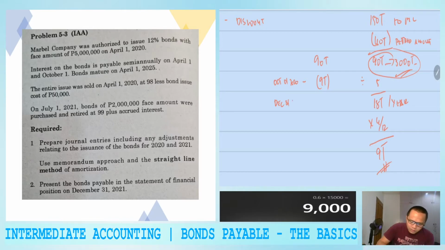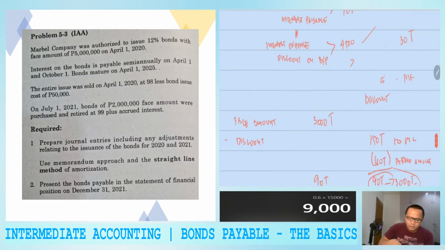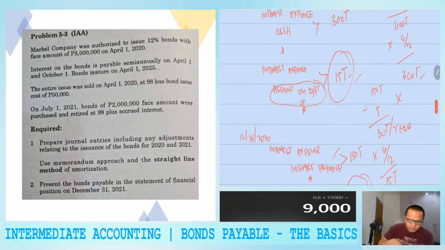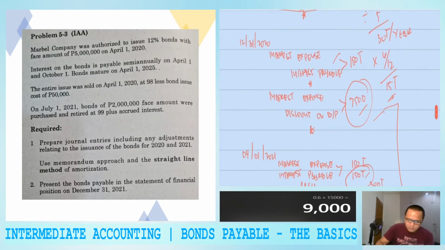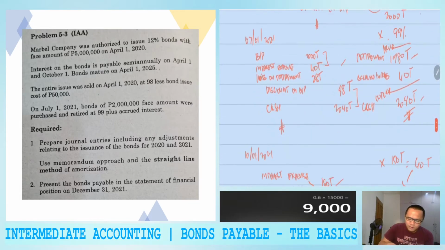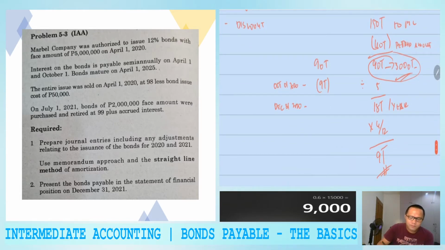On December 31, 2020, we have amortized 7.5. But again, applicable dyan, that is only for the 3 million. So, 4,500. Di ba? Paano natin kinuha yan siya? 3,000 divided by 5,000 times. Okay? Next is on April 1, 2021.